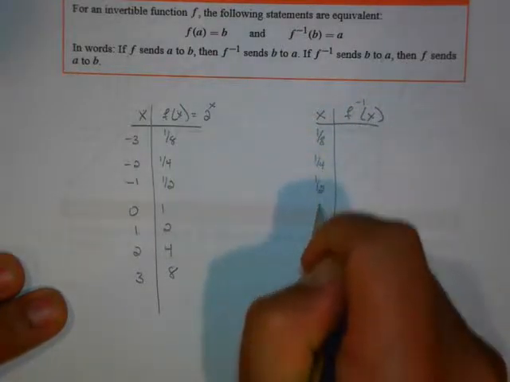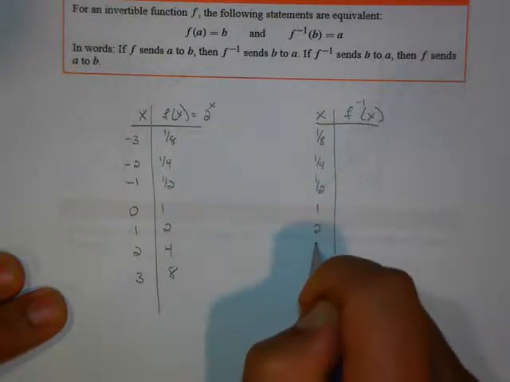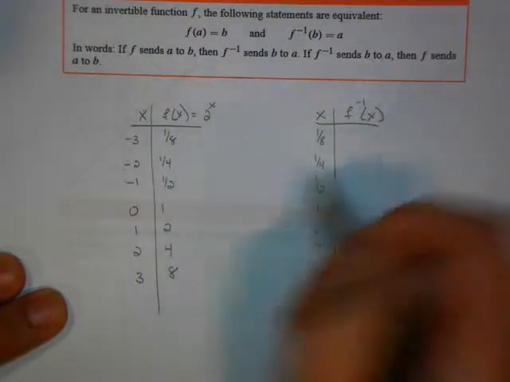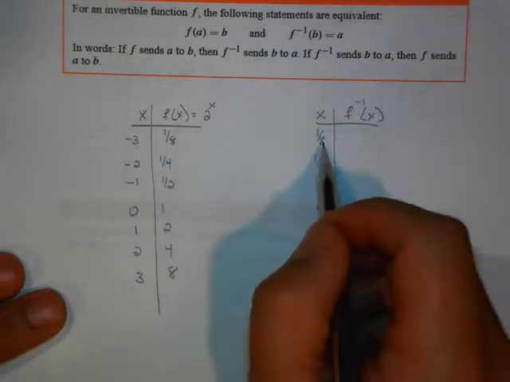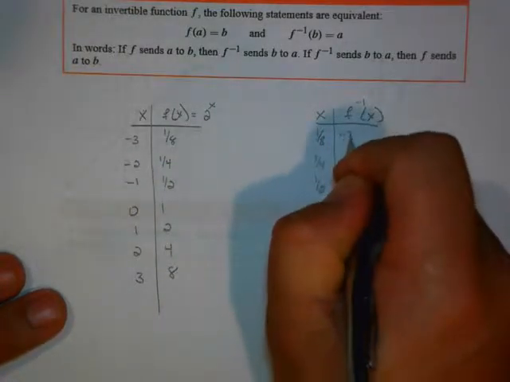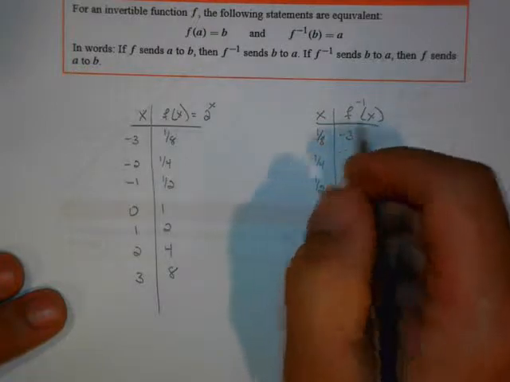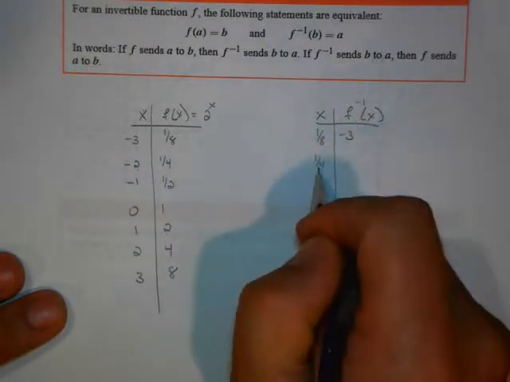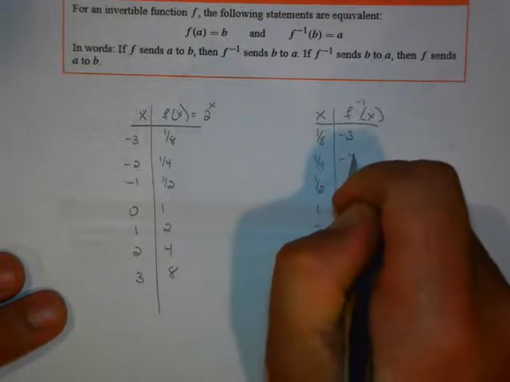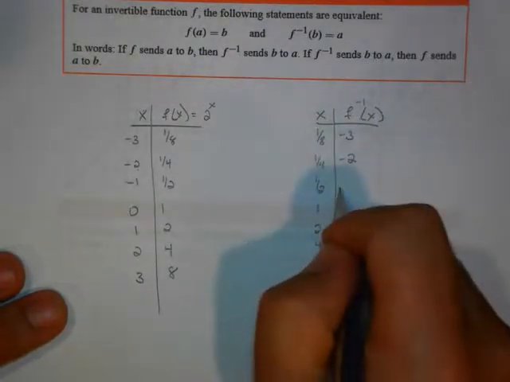And what happens is, if -3 goes to 1/8, then 1/8 is going to go back to -3. They're reversing the roles. -2 goes to 1/4, then for the inverse, 1/4 is going to go to -2. Half, -1, 0, 1, 2, 3.